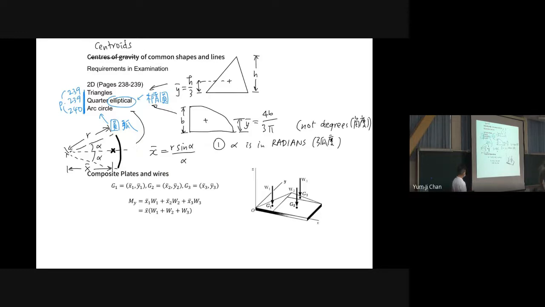The unit of alpha is radian. If it is 90 degrees and you put 90 here, you will get the wrong result. You need to put radians here. I'll show this to you in a minute.